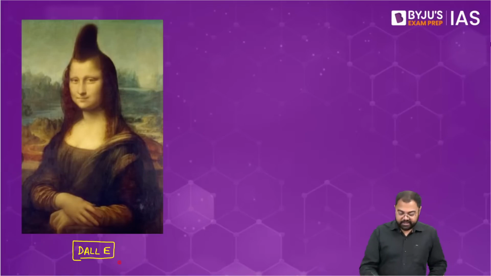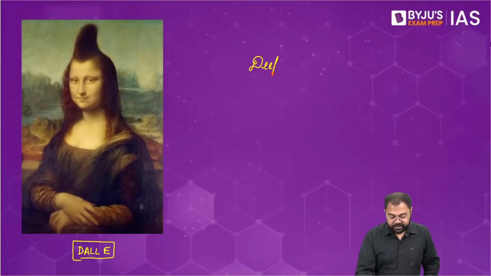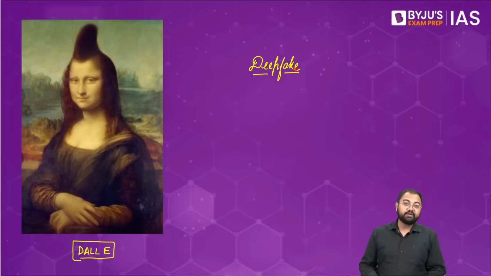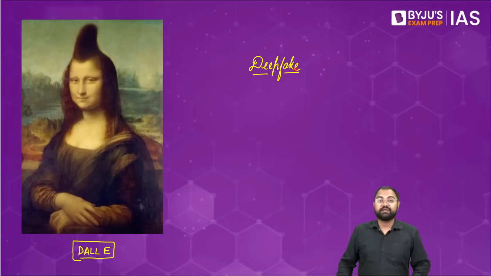So with DALL-E we have seen this. Then another one which has become very infamous is deepfake. With deepfake, you can create a video which is not actually the video of the person, but rather something that AI has created based on the personality and the voice of that person.